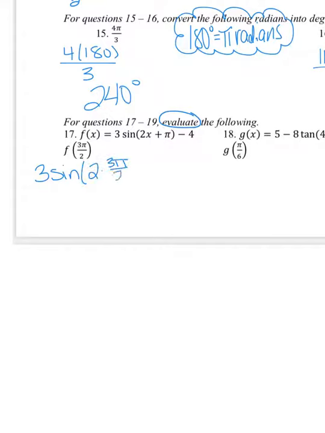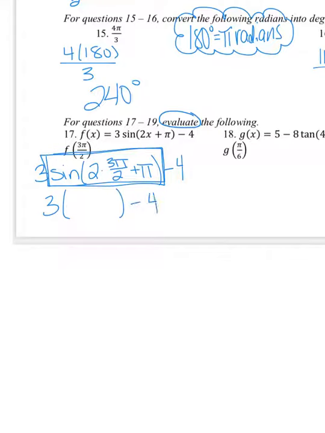I'm going to type in just the trig function. So I'm going to type just this in. Okay, so when I clean it up, I have 3 times some number and then minus 4. When I type that into my calculator, nice clean number, I end up getting 0. So then my final answer, 3 times 0 is 0, minus 4 is just negative 4.